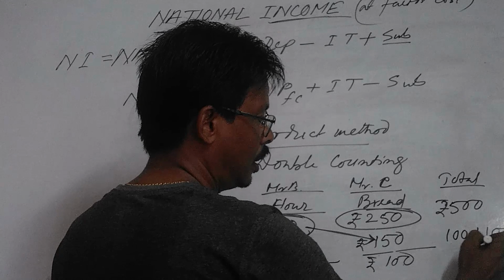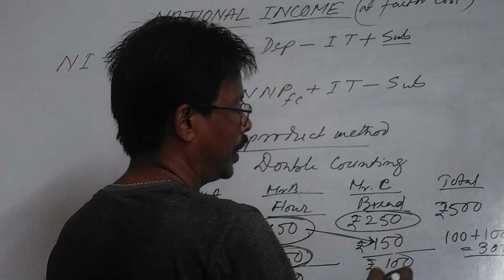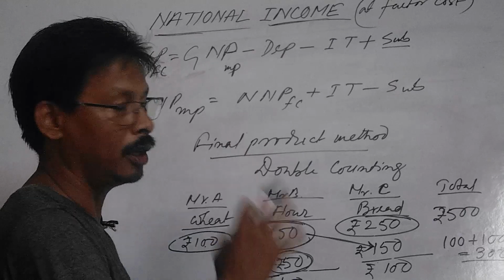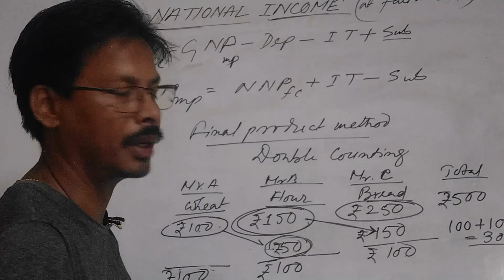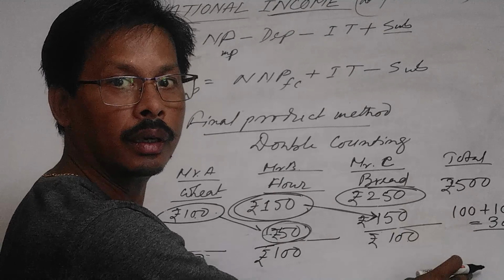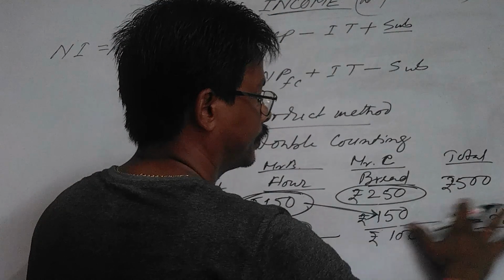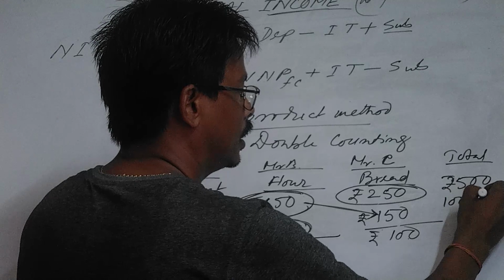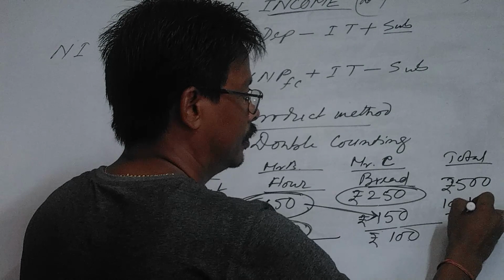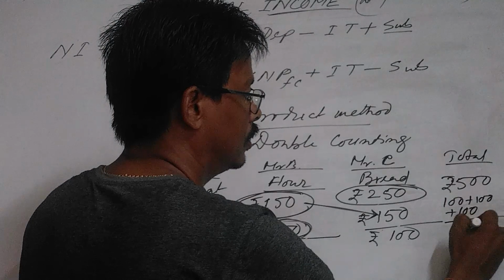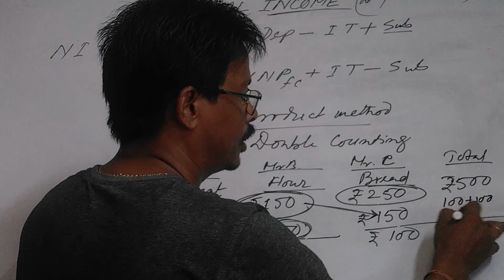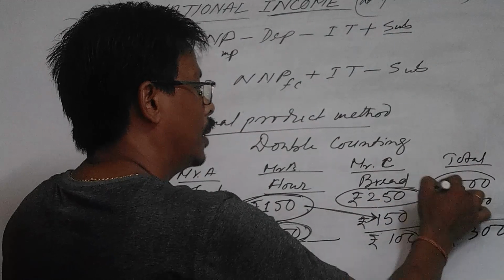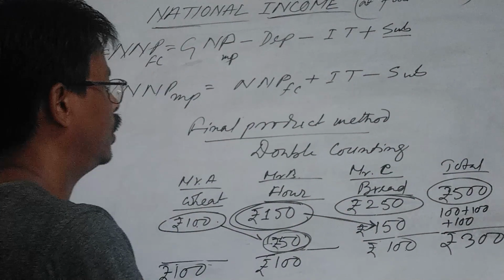This is the actual value we obtain when we deduct the value of intermediate goods. The actual value of goods produced is 300.